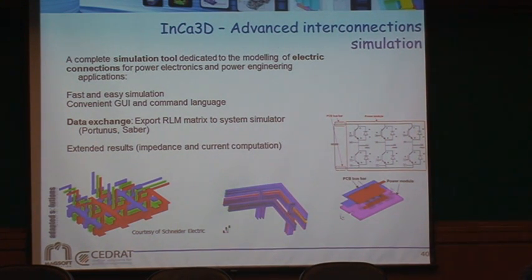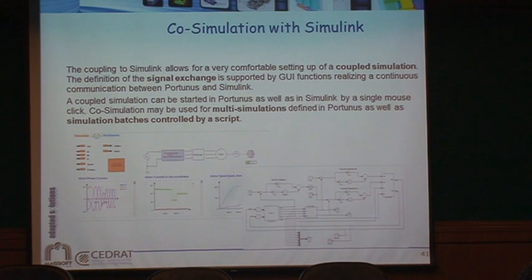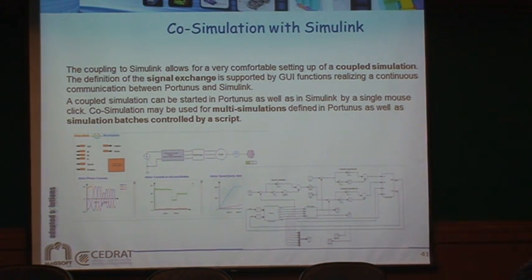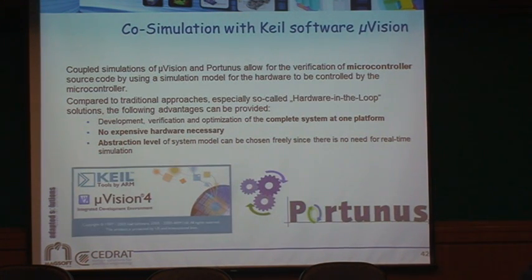Furthermore, because all of this needs some time to control, and Portunus doesn't have the pretension of doing control, you can connect to Simulink to do the control. And then this is the other software that you do animation with. That's essentially post-processing. Here it shows you the different things that you can do.